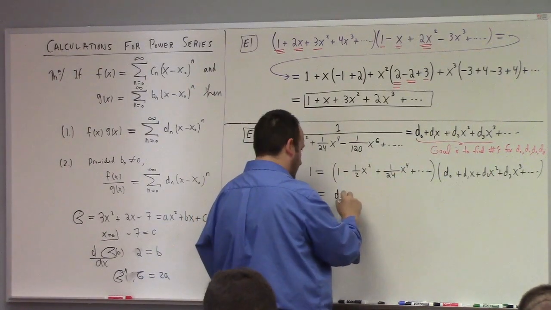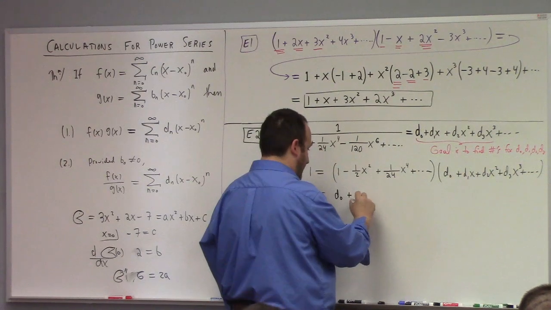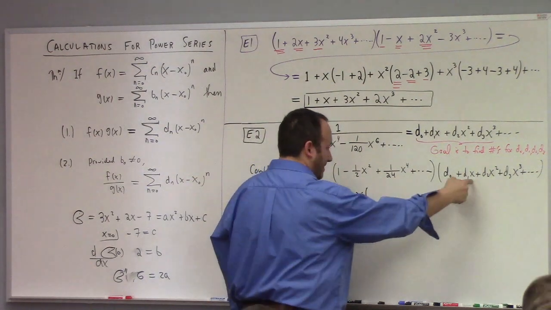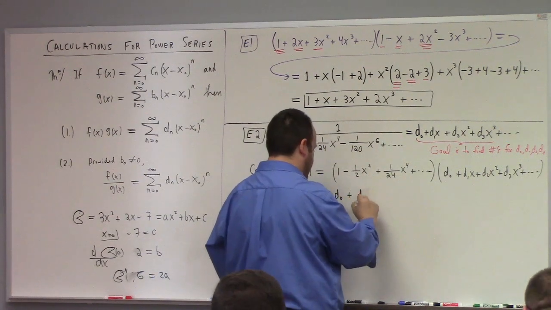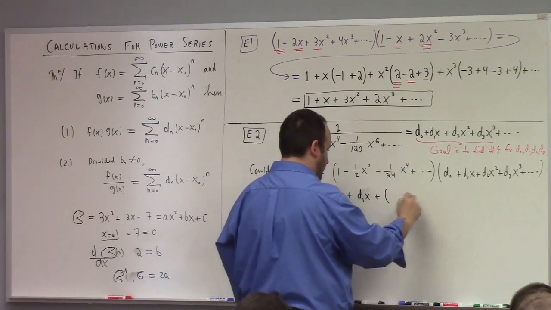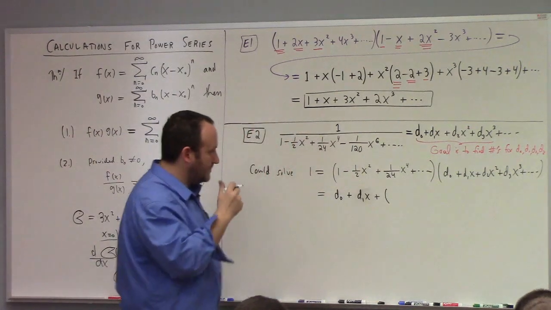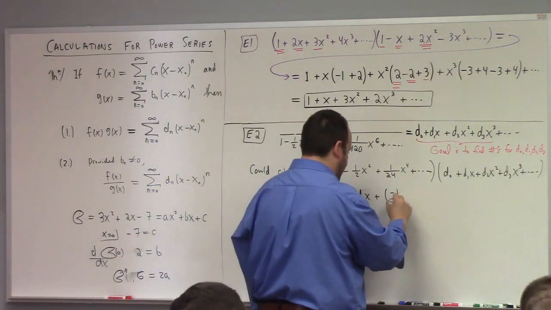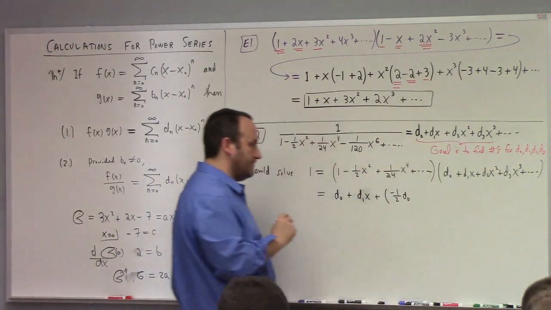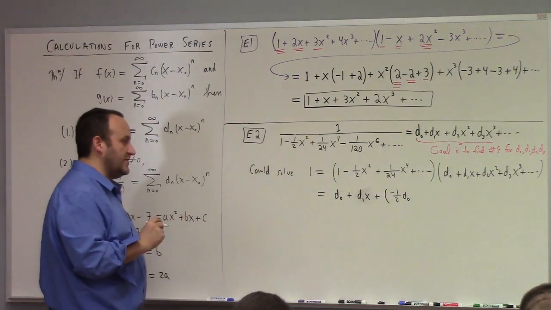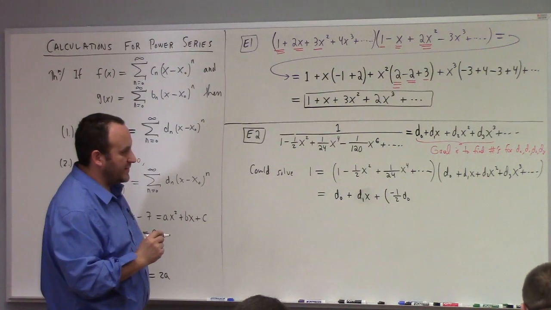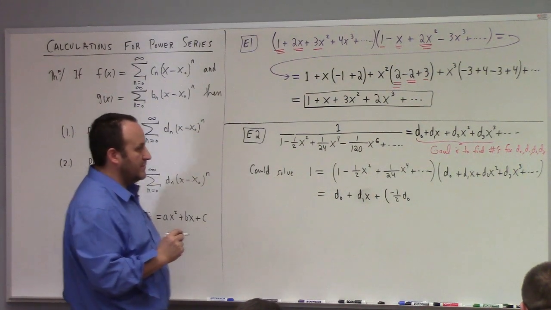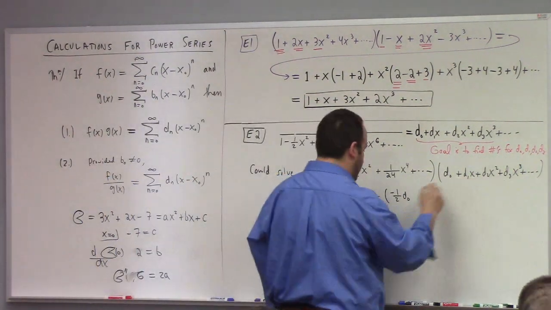D0 plus x times what? D1x plus, what are the coefficients for x squared? Minus 1/2 D0, and where else can I get an x squared from? Oh, how about 1 times D2, so plus D2, yeah?